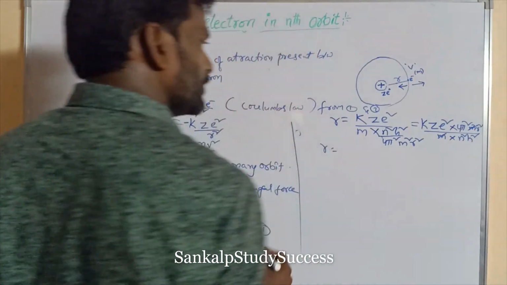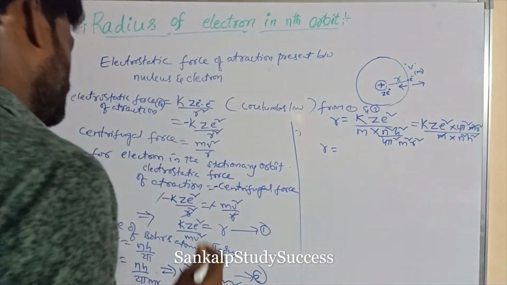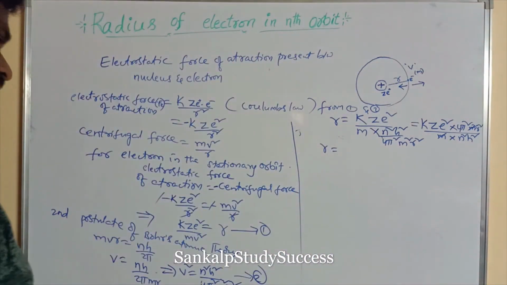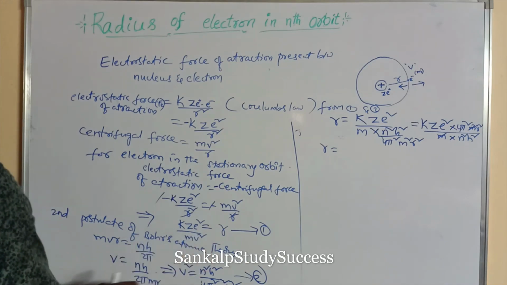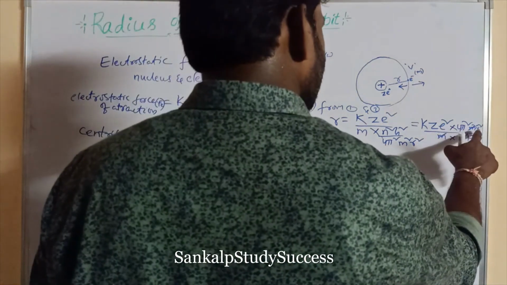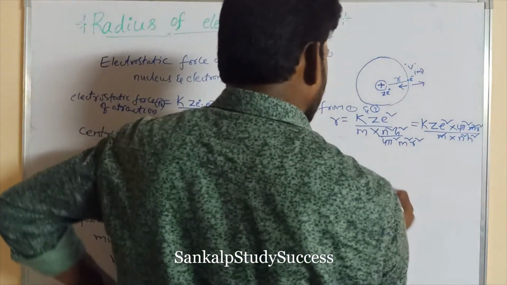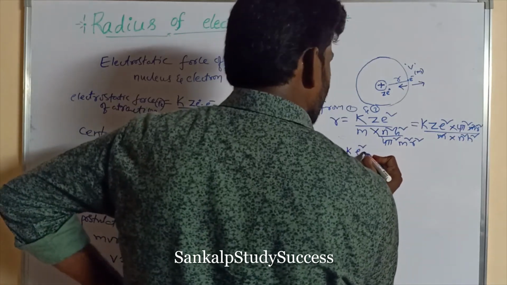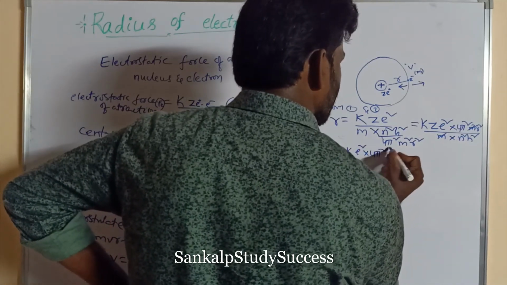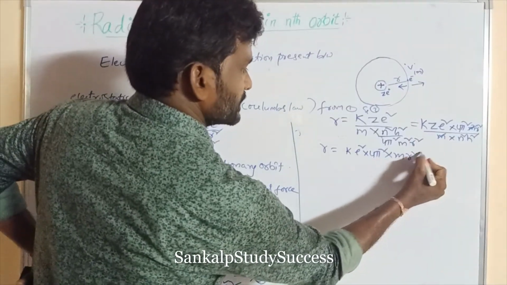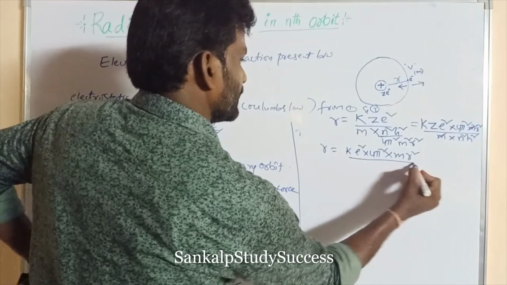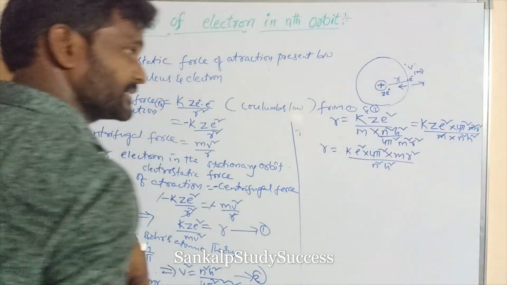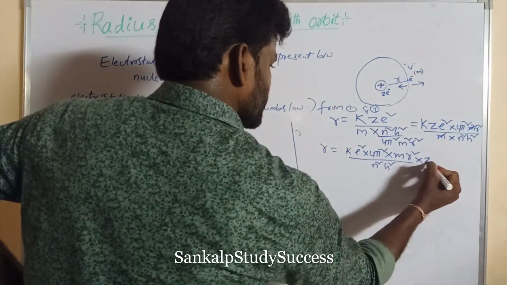Ke square into 4 pi square m r square by n square h square into z.